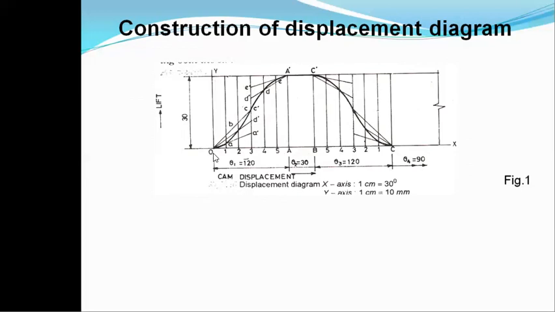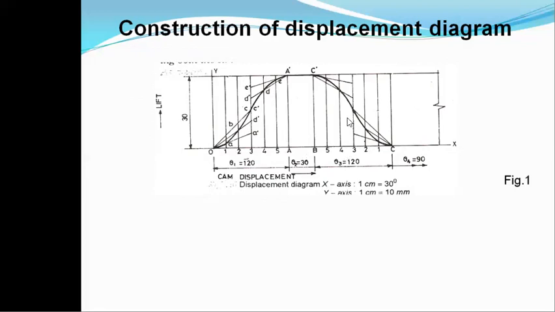Divide OX into OA, AB, BC and CX, where OA represents the outstroke, AB the dwell period, BC the return stroke, and CX the dwell period. Now divide OA outstroke and BC return stroke into the same even number of equal parts. Here we have taken 6 parts.